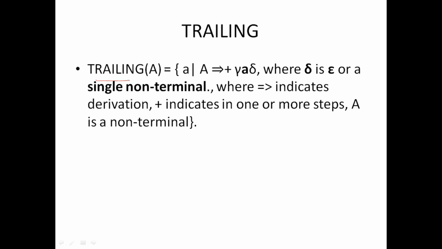Similarly, we can compute trailing of A where A is a non-terminal. All such terminals a such that A derives in one or more steps gamma a delta, where this delta can be epsilon or a single non-terminal. We are talking about the last terminal symbols, so this can be epsilon or a single non-terminal.